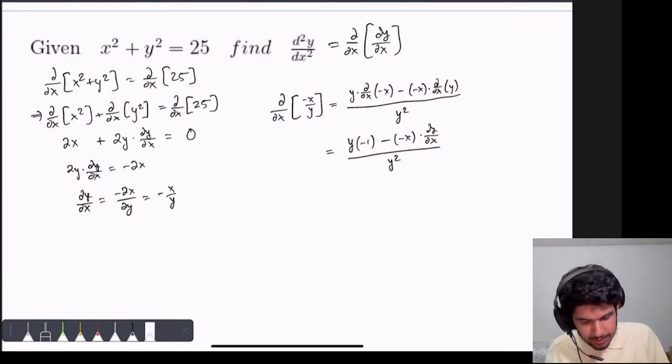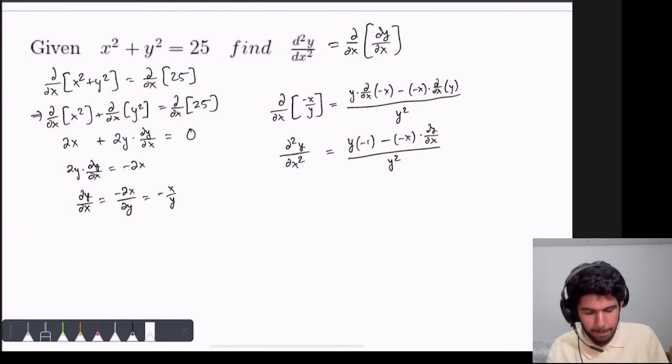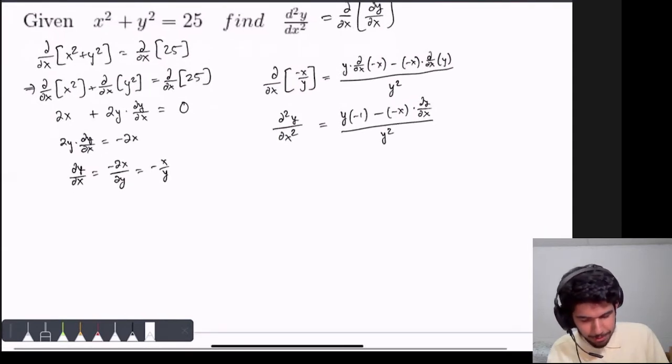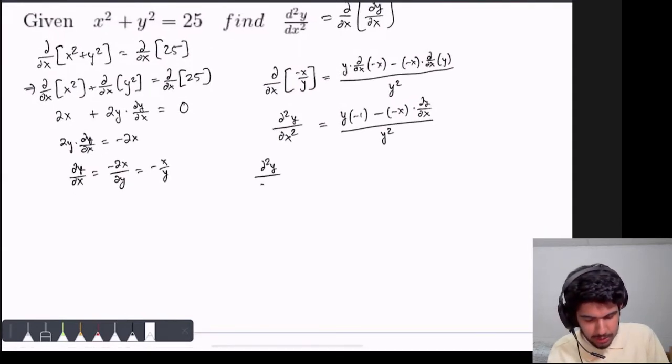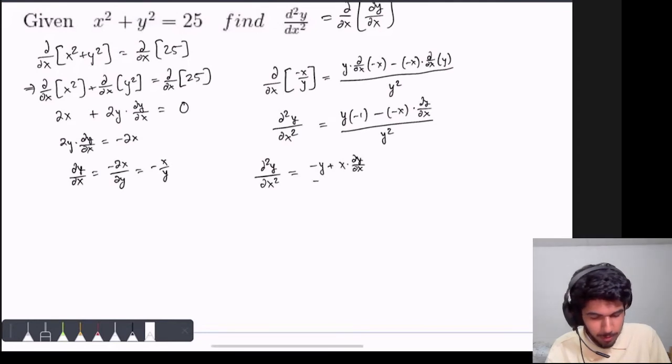Okay? And this is equal to d squared y/dx squared, right? Okay, so let's simplify it a little bit. d squared y/dx squared equals negative y plus x times dy/dx over y squared.